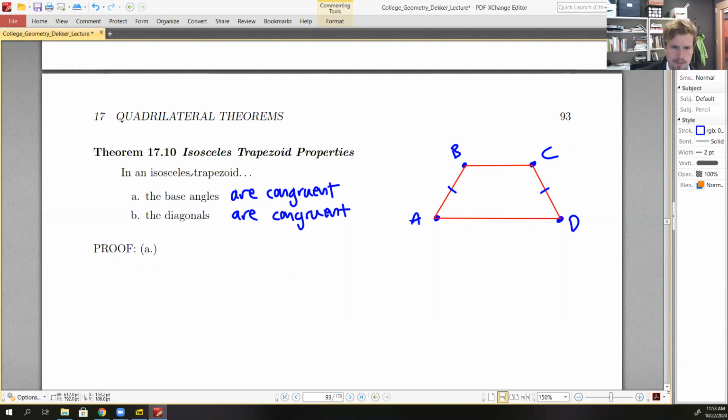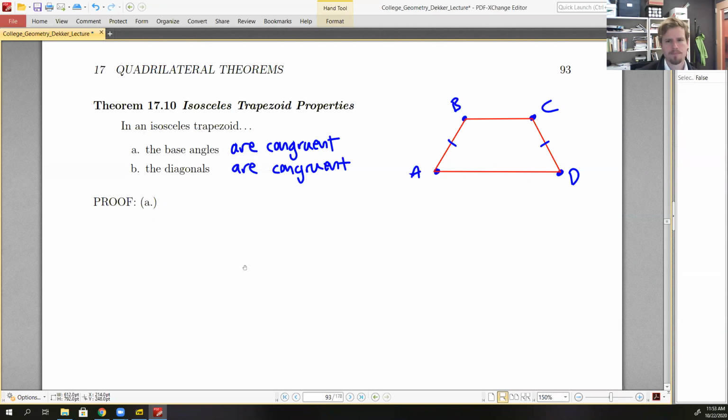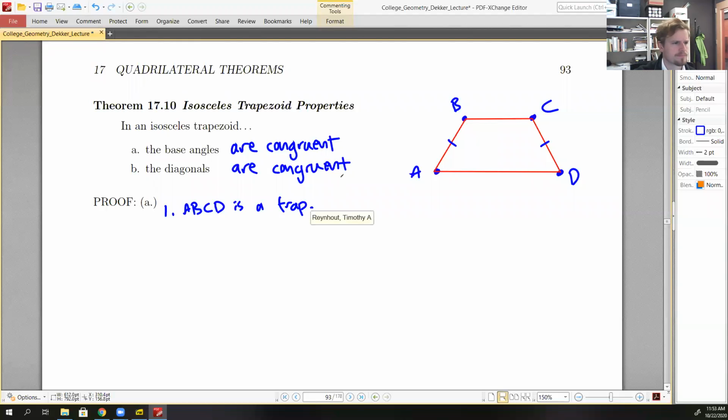All right, so let's prove part A. We want to assume that we have an isosceles trapezoid, and we want to show that the base angles are congruent. First, of course, ABCD is a trapezoid, and we have that AB is equal to CD.